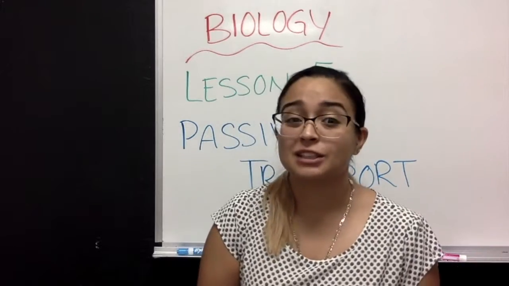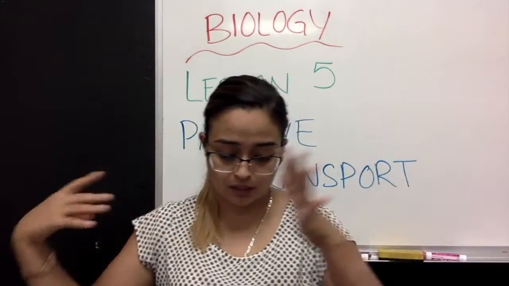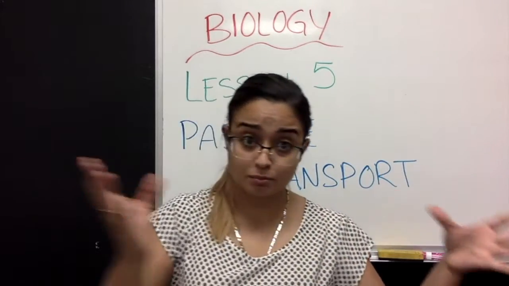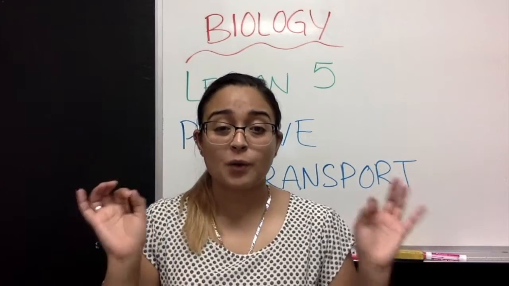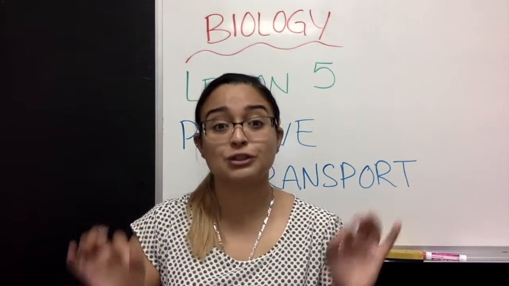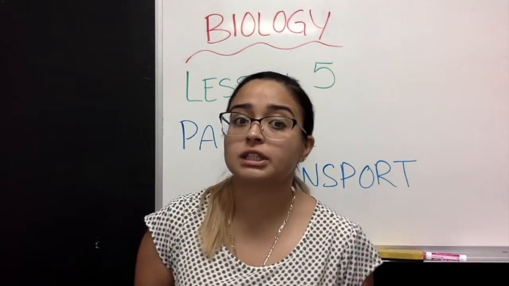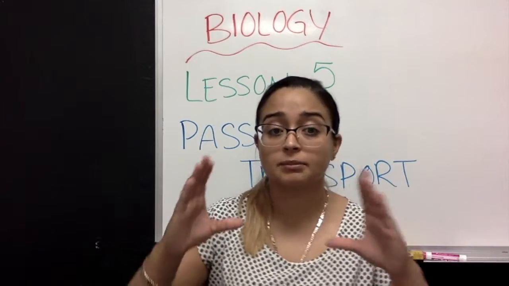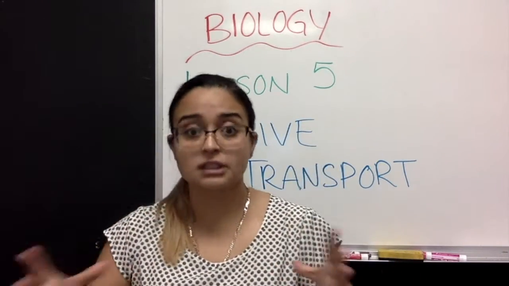Right. So the small molecules such as carbon dioxide and oxygen are passively transported throughout the cell by the diffusion through lipids. So what this means, remember, diffusion is something that goes from lower concentration to higher concentration or vice versa.